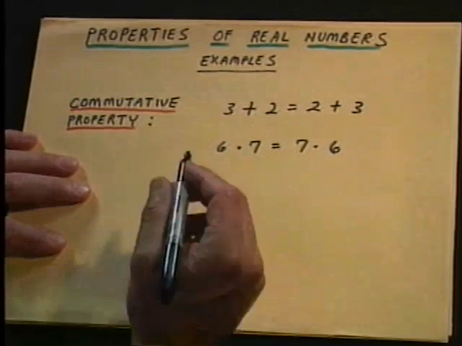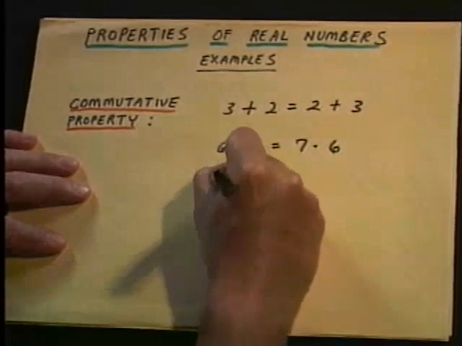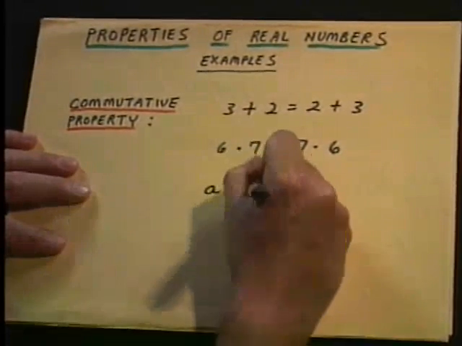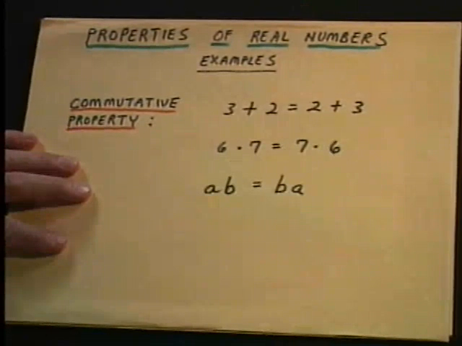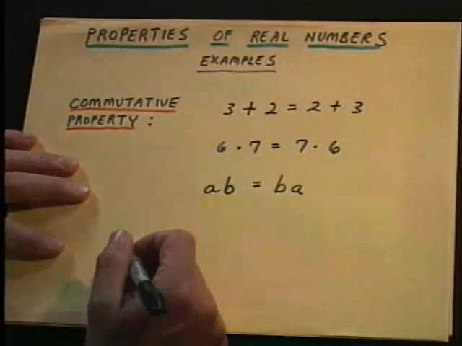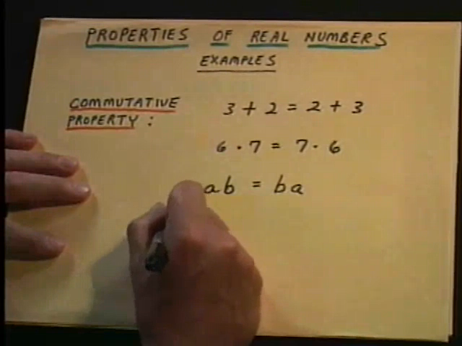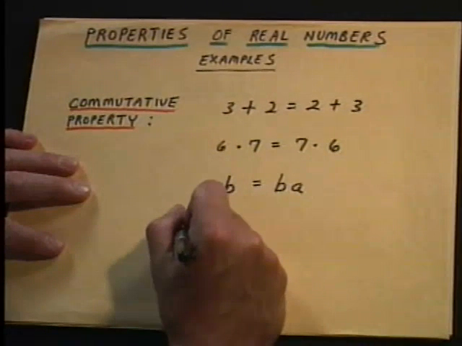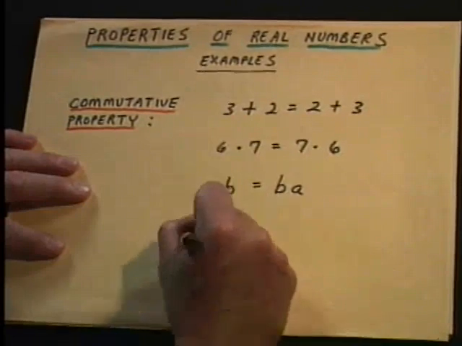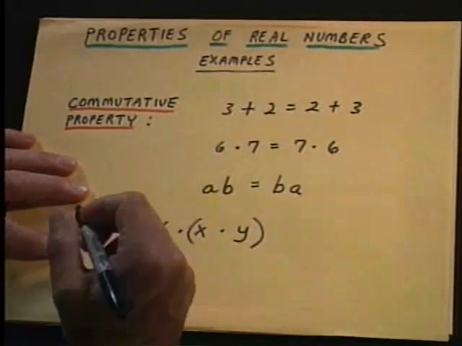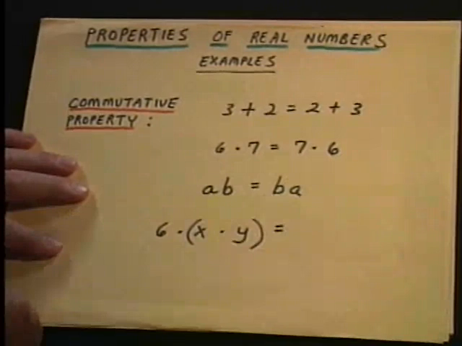Variables, you ask? We could say that A times B, AB, equals, using commutative, B times A. Or we could also say that 6 times x times y, and we'll put parentheses around the x times y, could be written a couple different ways using commutative.